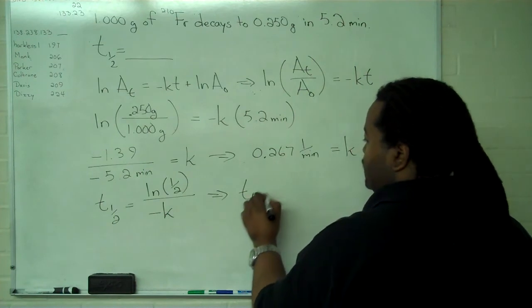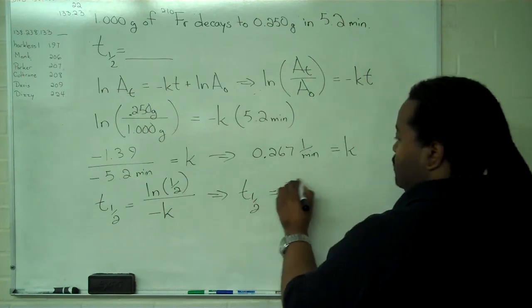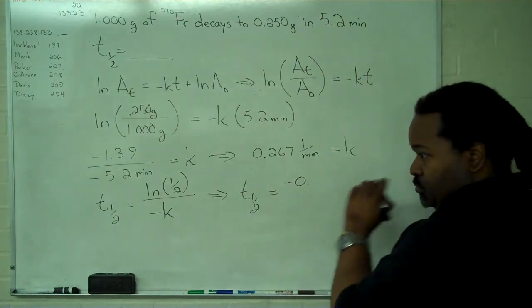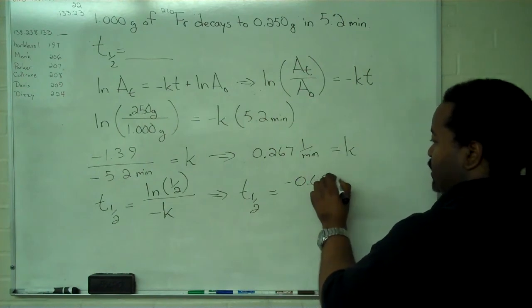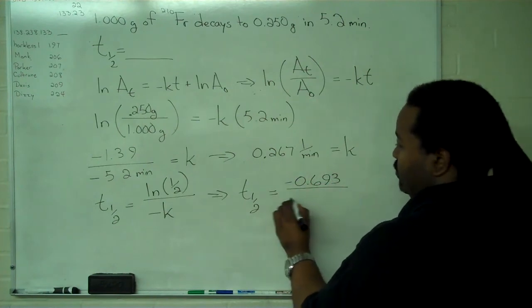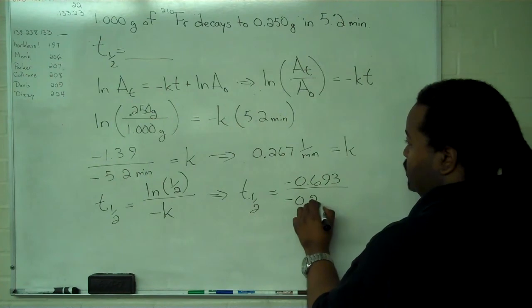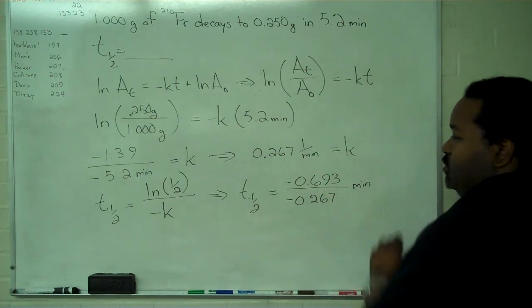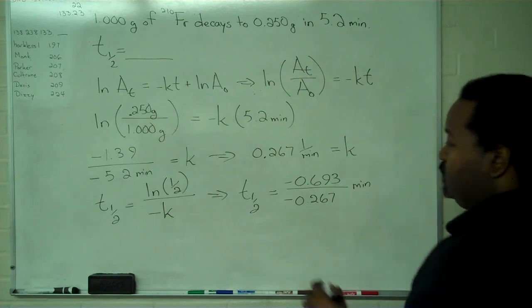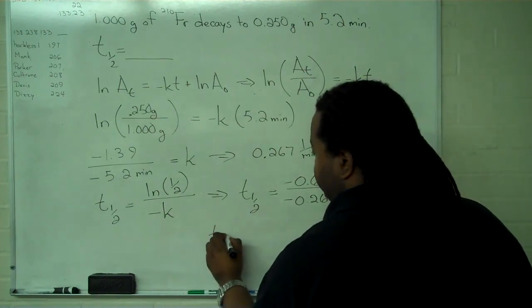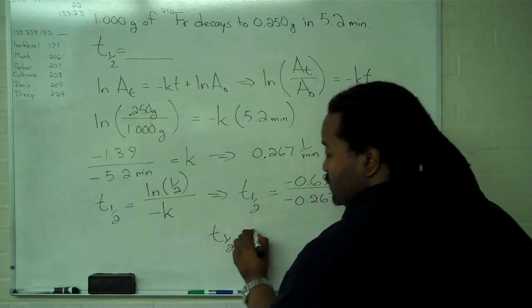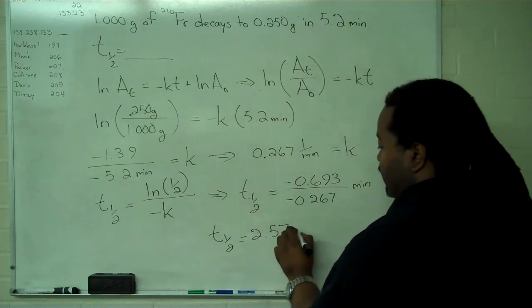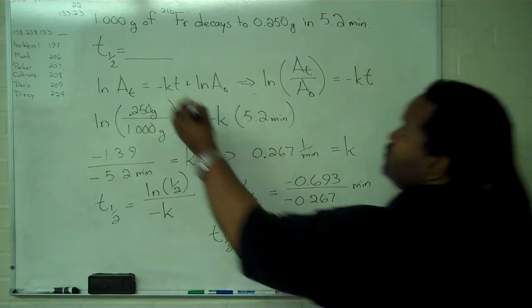So this means then that t1/2 is going to be minus 0.693 divided by negative 0.267, and our units end up being minutes. And so I have, for the value of the half-life, this is equal to 2.57 minutes.